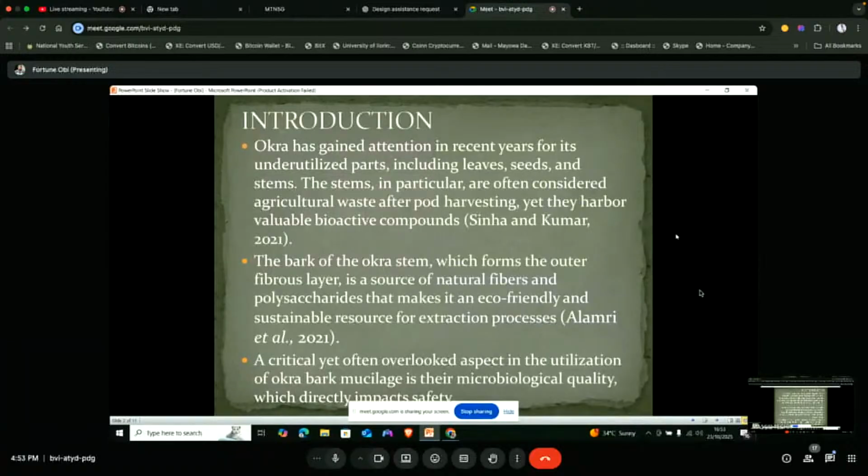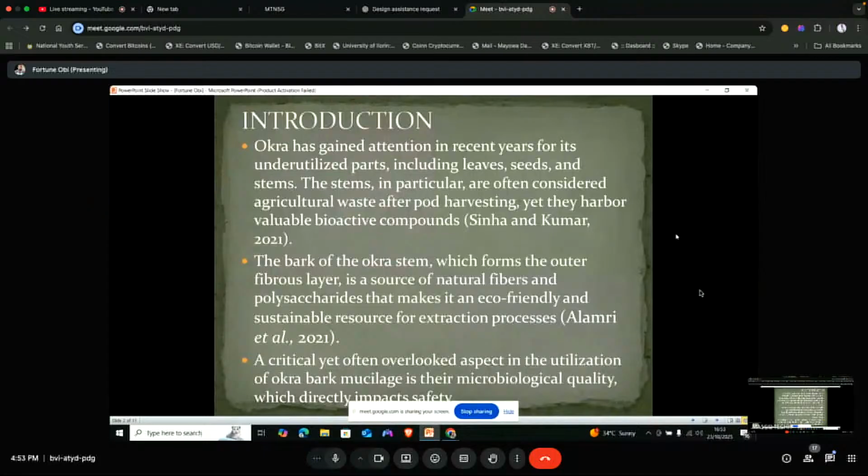Yet they have available bioactive compounds that have not been considered, and rather are being discarded as waste. So the bark of the okra stem, which forms the outer layer, is a source of natural fiber and polysaccharide that makes it an eco-friendly and sustainable resource for extraction processes.